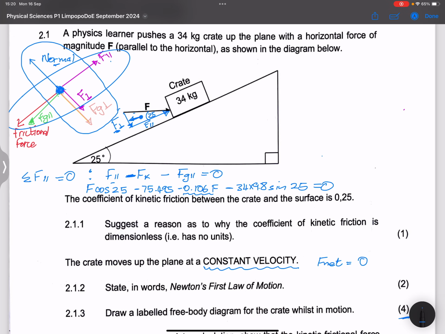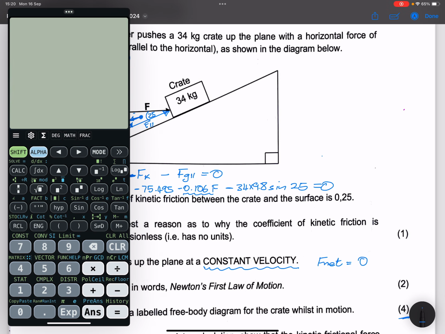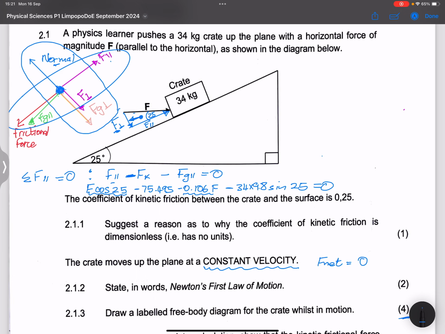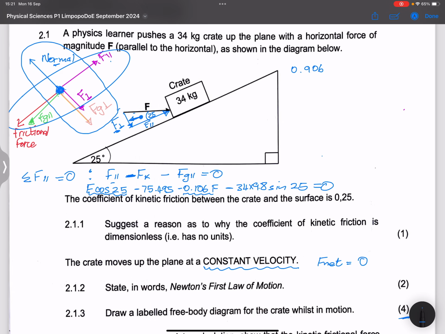I've got these two in terms of F, right? So what is F cos 25? Okay, so that's 0.906. Okay, so remember they took it to 3 decimal places, 0.906.